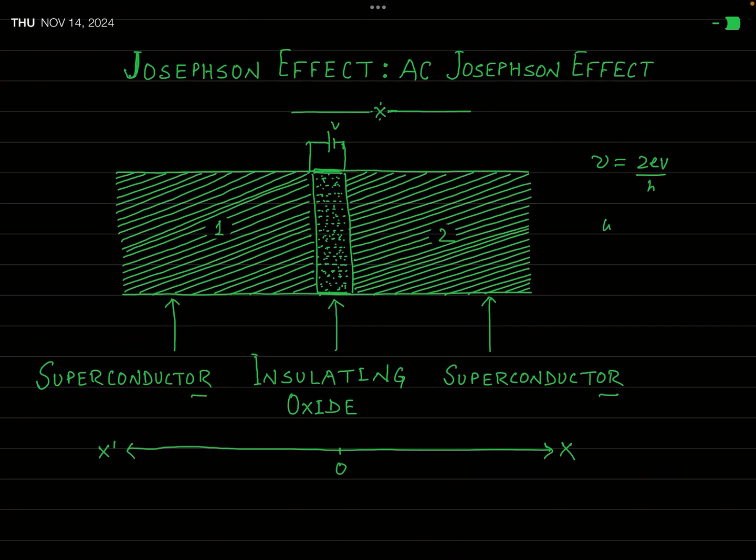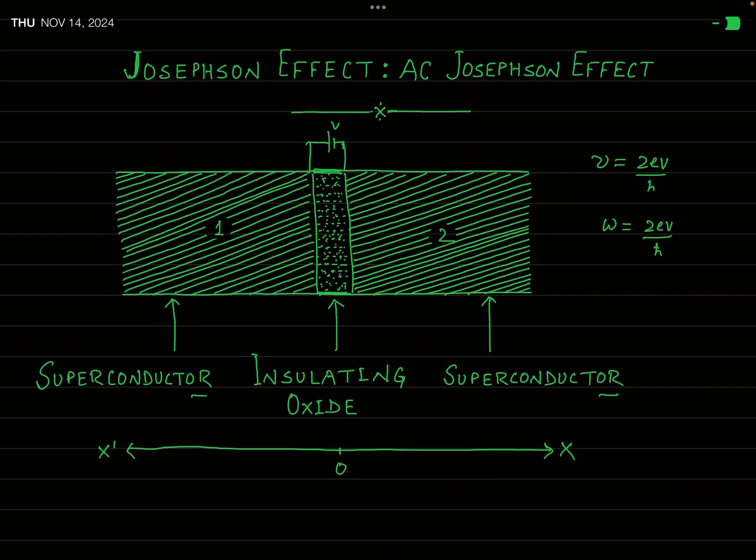Or if you define the angular frequency, that will be 2eV divided by h bar. I have written this expression directly. This is the frequency of the resulting AC.